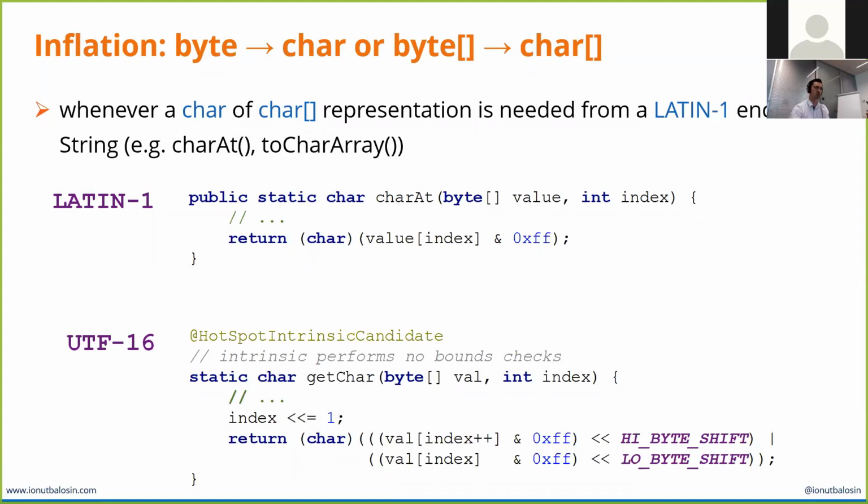And here are the sources from the JDK showing how it works. It's very simple, actually. For Latin-1, the charAt method gets the byte, and there is a logical AND between it and 0xFF. In the case of UTF-16, there are 2 bytes that are merged using shift and bitwise operations, and at the end it returns the char. So it's quite trivial.